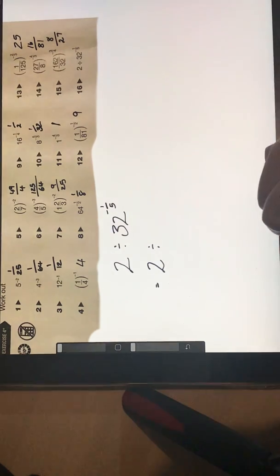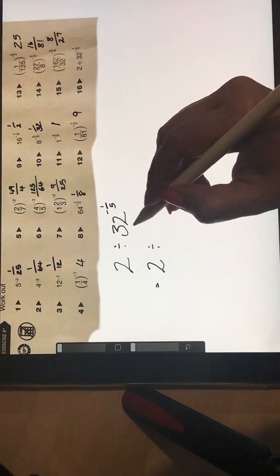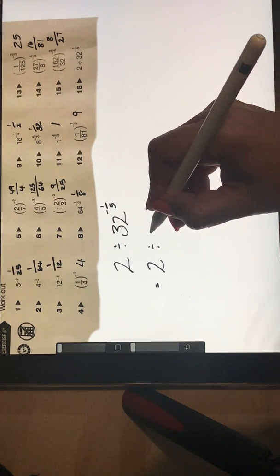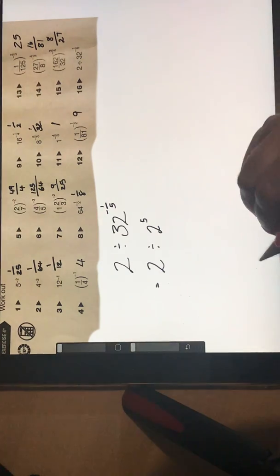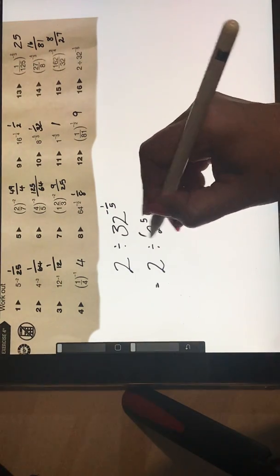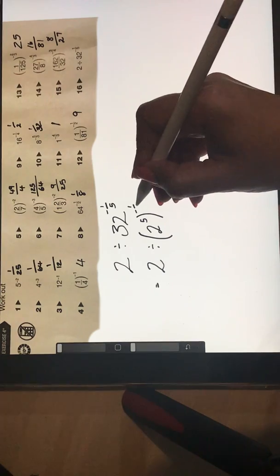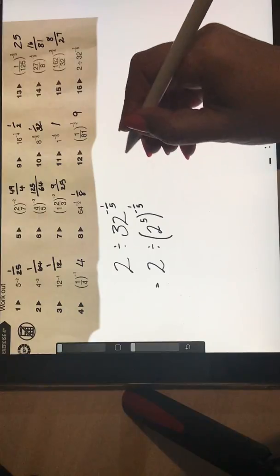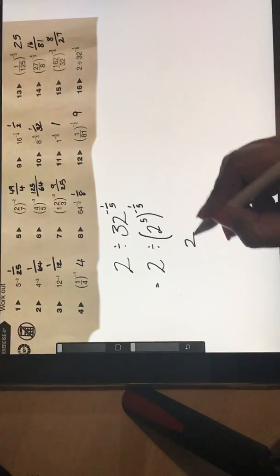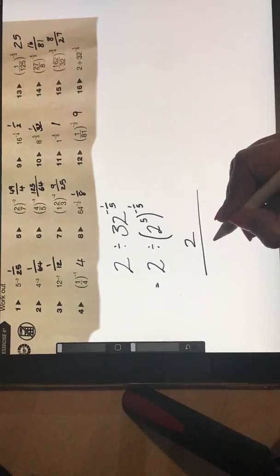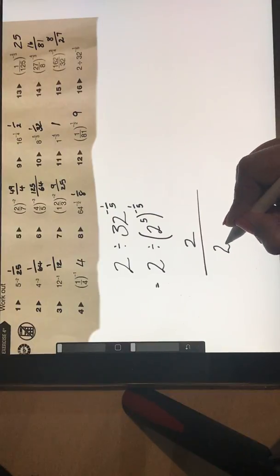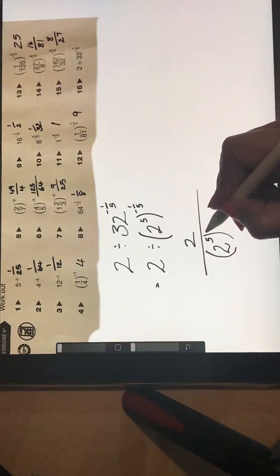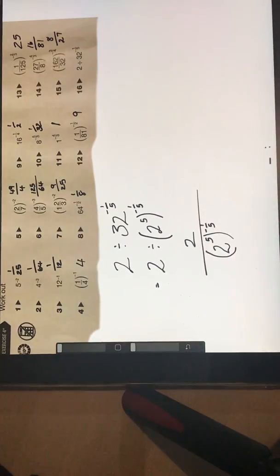Simplify this 32 so that it is 2 to the power of 5, which will give me 32. Rewrite this whole equation into a fraction. So 2 divided by 2 to the power of 5, raised to the power of negative 1 over 5.